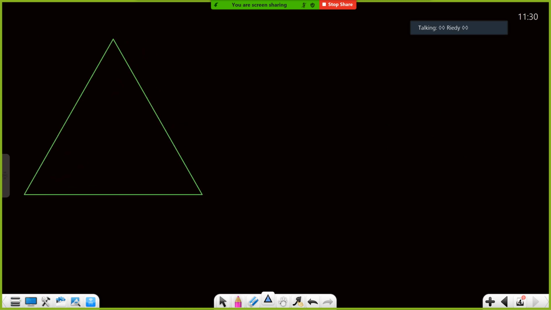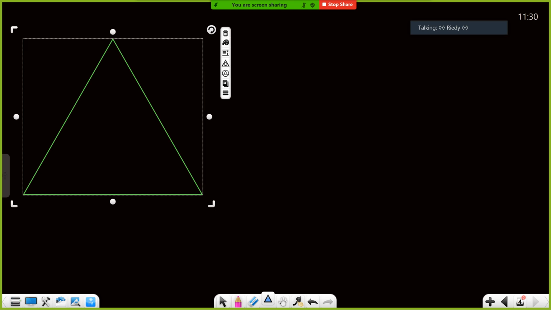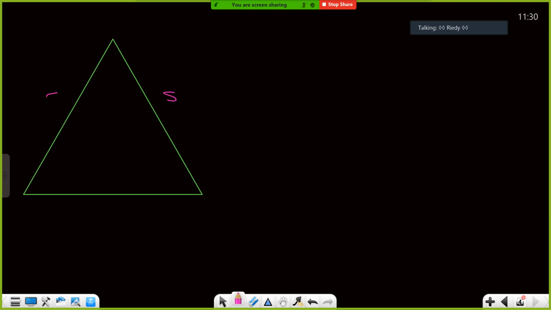What if it's an equilateral triangle? S, S, and S. Brooke, how big are the angles in that equilateral triangle? 60. Beautiful. 60, 60, and 60.